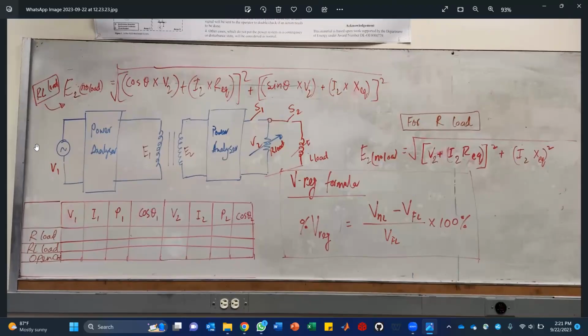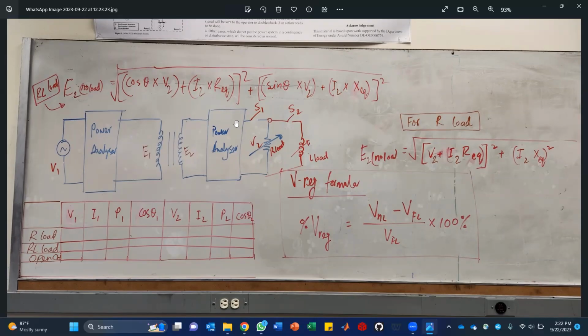We're going to supply the V1 voltage from the power supply. That's our power analyzer, and this is E1, which is the induced EMF on the primary side. After transferring power from the primary to secondary, we get another induced EMF, which is E2.